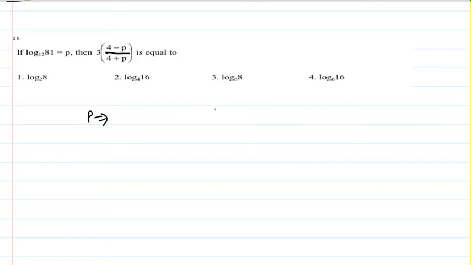Furthermore, do you see it can be created if P is in the denominator? By finding the value of P, I can go for the layman's approach and give you the answer. But here I see if I'm in a position to find this, I must apply dividendo and componendo. I want P in the denominator. That means I want 1 upon P. That gives me log of 12 base 81.